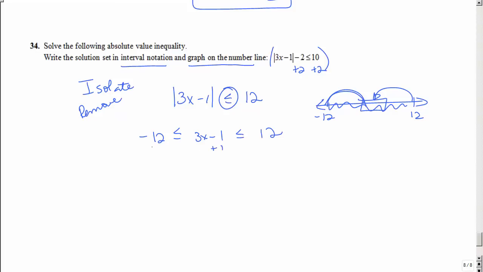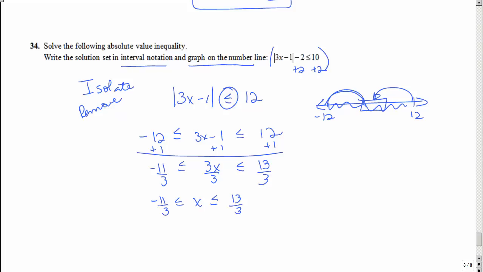So here I'm going to add 1 to all three parts. I get -11 is less than or equal to 3x is less than or equal to 13. Then I'm going to divide all three parts by 3. I'm going to get -11/3 is less than or equal to x, less than or equal to 13/3.